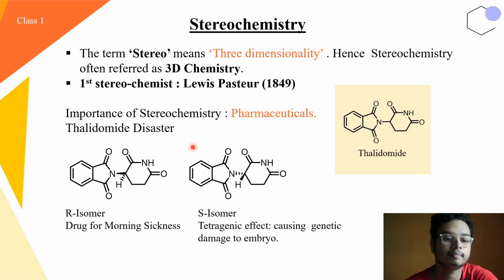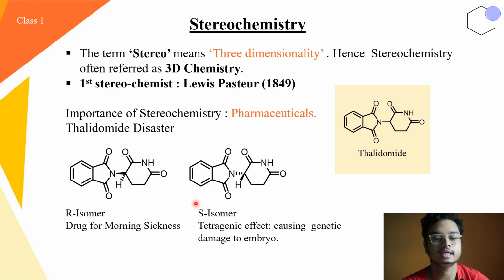So this is the thalidomide species. Here you can see this particular carbon with hydrogen is an sp3 carbon. This also sp3, this also sp3, but we are pointing this out because this compound can stay in these two different structures or 3D arrangements.